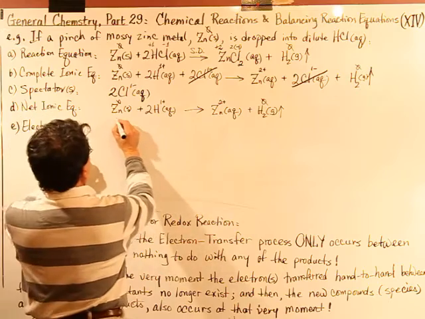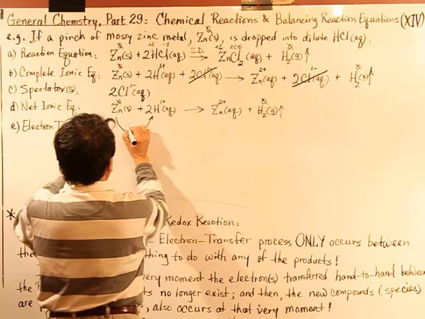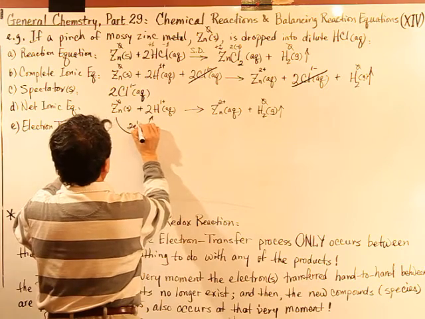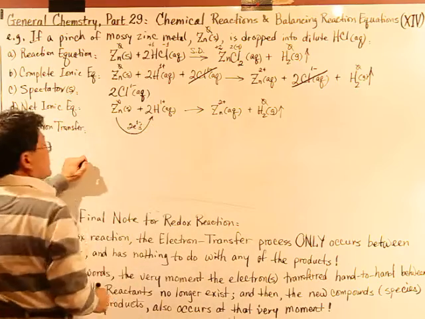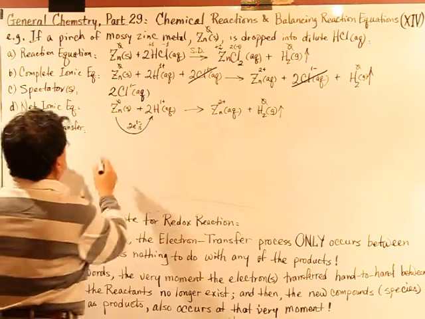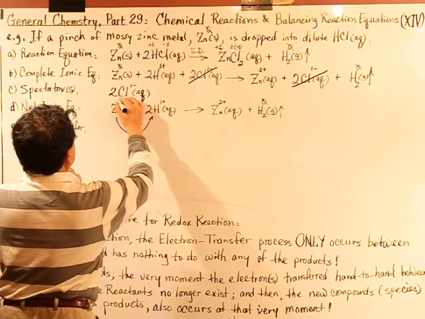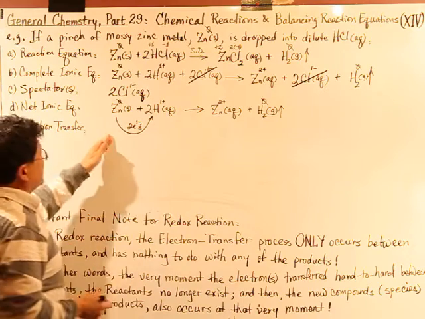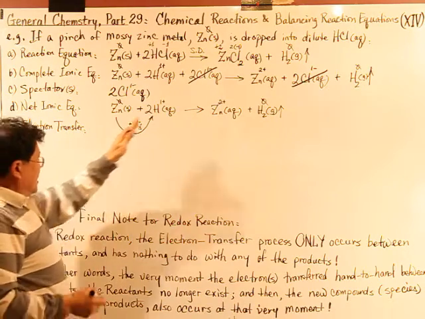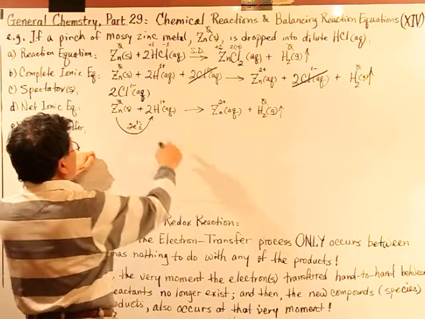So let's see electron transfer. Let me just draw a picture, as we did in the past. So how many electrons? 2 electrons, each with 1 minus charge, right? Where do they go? They go from zinc, which is 0. Let's make sure this is clear. Zinc loses 2 electrons, so zinc is oxidized. The protons are reduced.